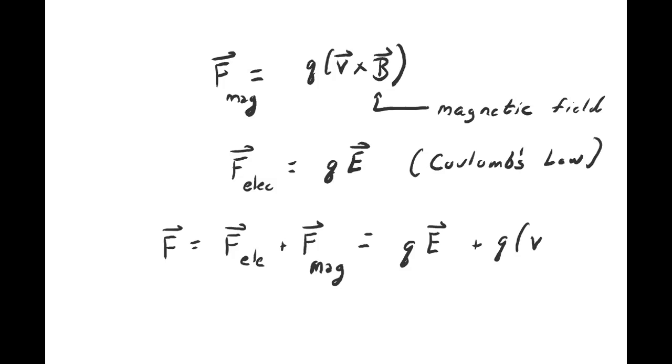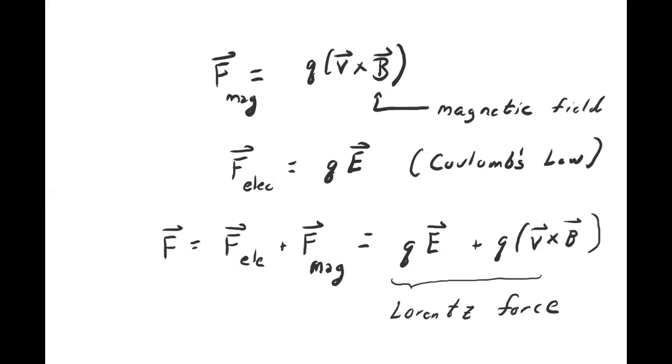What we've discovered now is to at least explain the experimental situation where wires that have currents in them that are parallel attract each other, and two parallel wires that have currents in them that are anti-parallel to each other have a force that's repulsive. And this combined force is something we'll call the Lorentz force.